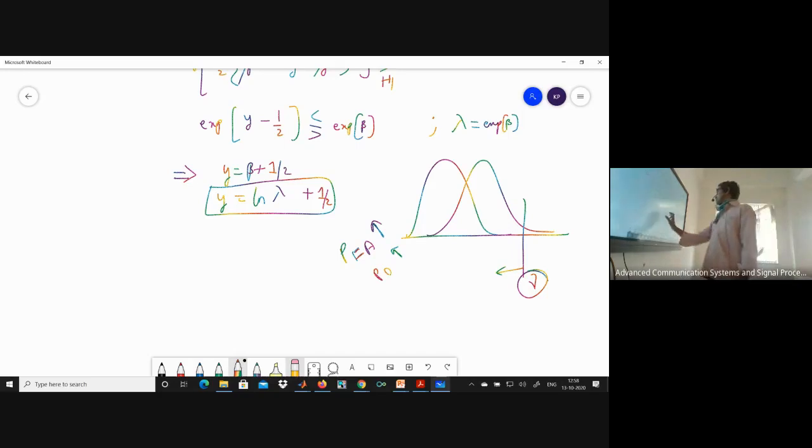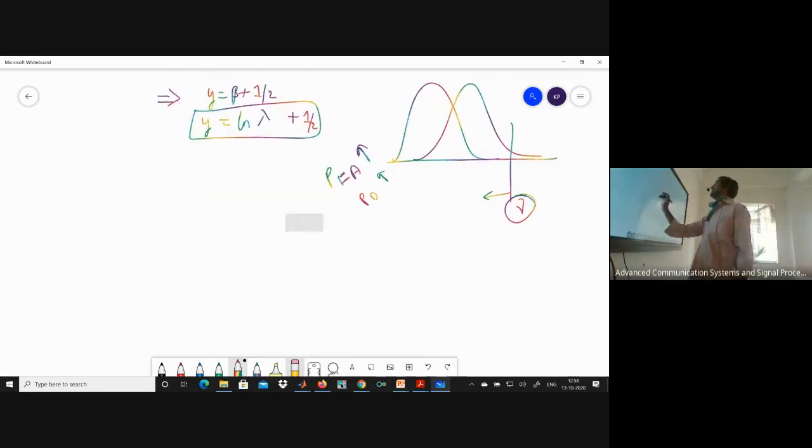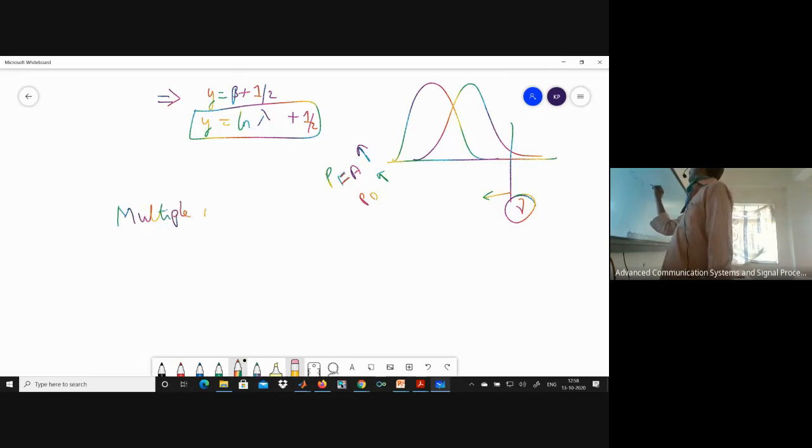Instead of a single sample, we are going to have multiple samples in the NP detector.